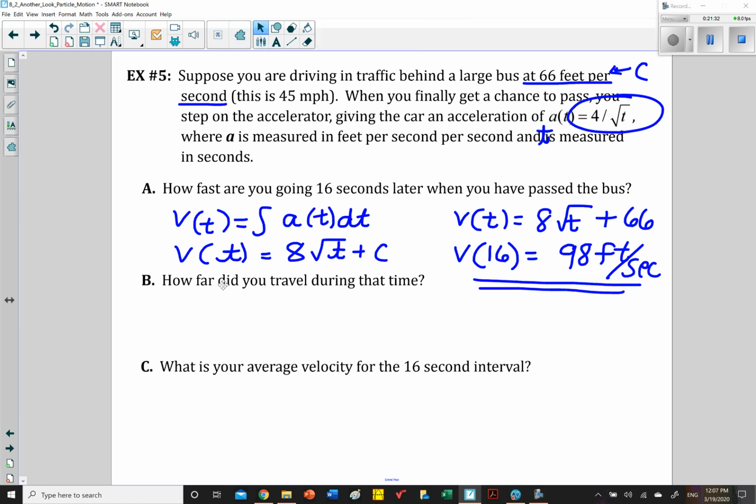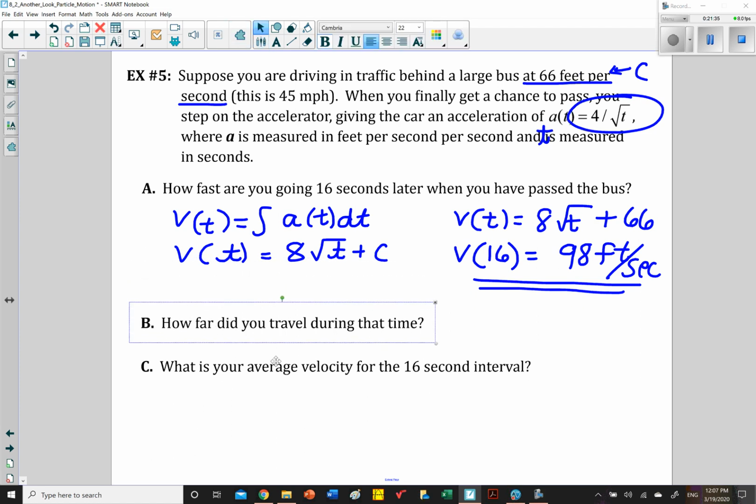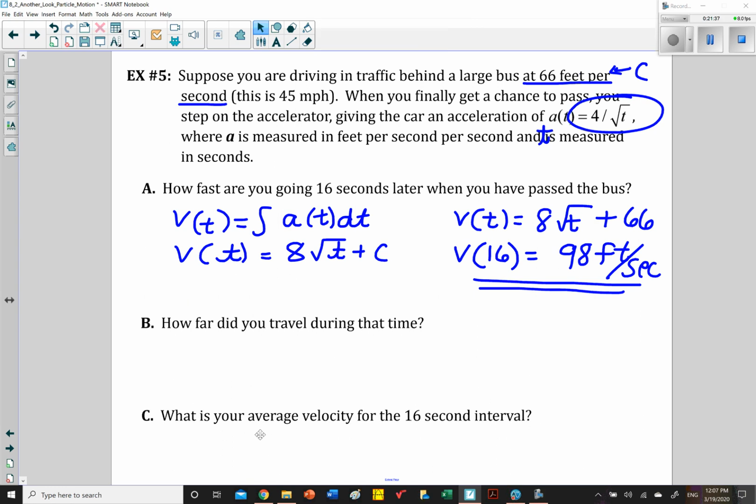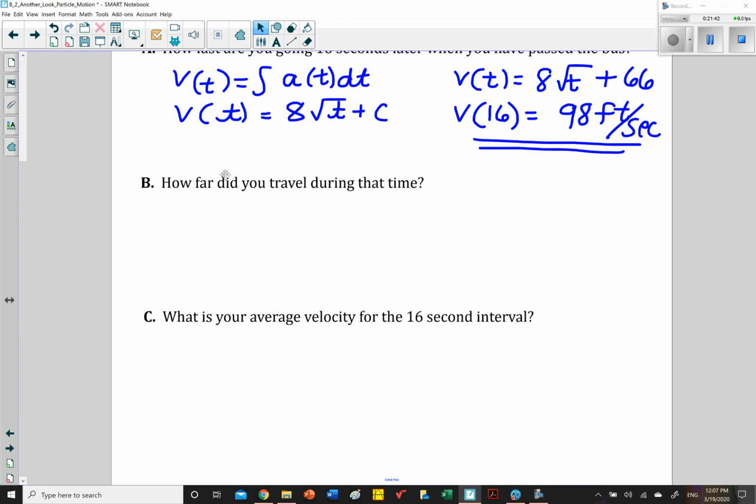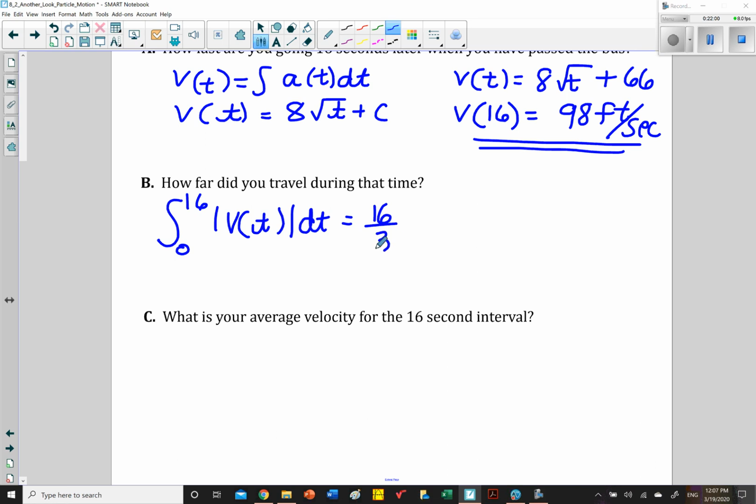at that time. How far did you travel during that time? Well, that would be the absolute value of velocity. So during those 16 seconds, we want the absolute value of velocity. And that would be, let's see, t to the 1/2, so 16 over 3, t to the 3/2 plus 66t from 0 to 16.